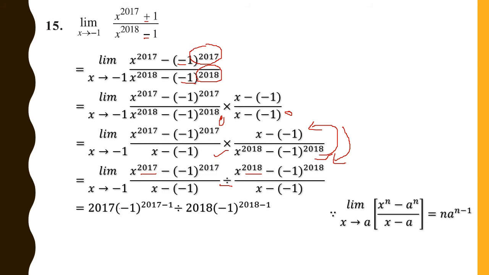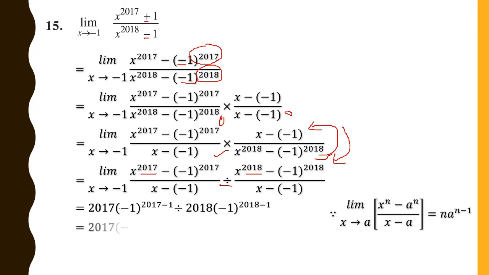So that was for the second step. First step, first part, n is 2017, a is negative 1, raised to 2017 minus 1. For the second part, n is 2018, a is negative 1, power 2018 minus 1.